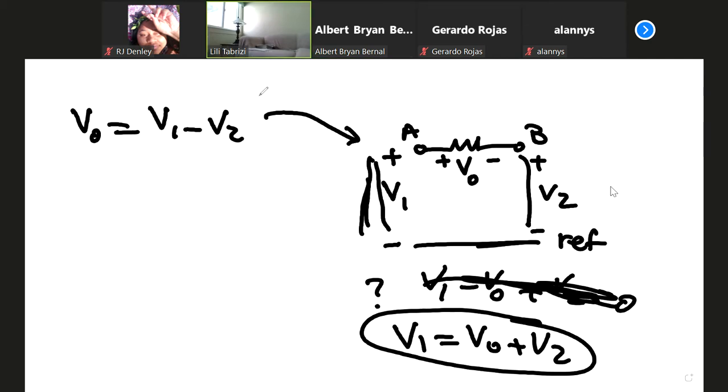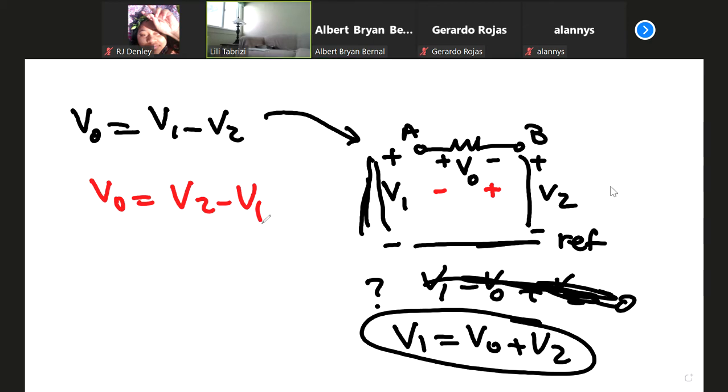You cannot use left, right, because what if I put my plus here and minus here? Then what is V0? If I have plus to the right and minus to the left, then without writing KVL, that would be V2 minus V1. Perfect. So the plus side is always adding and the minus side is subtracting.